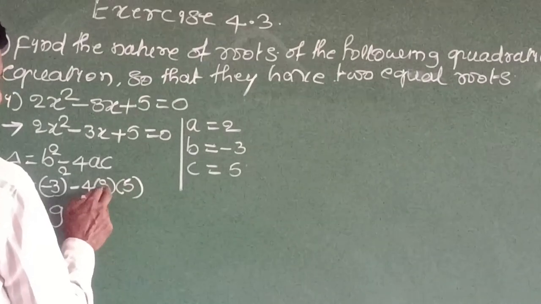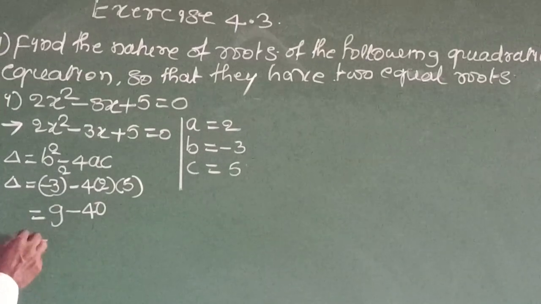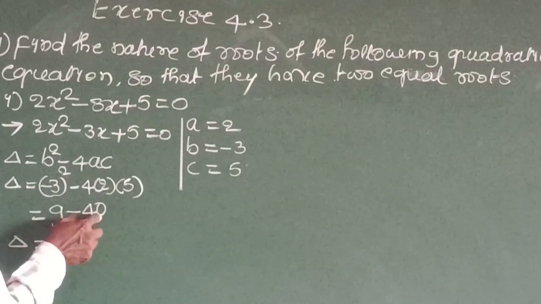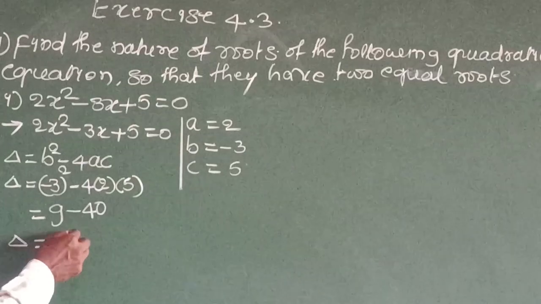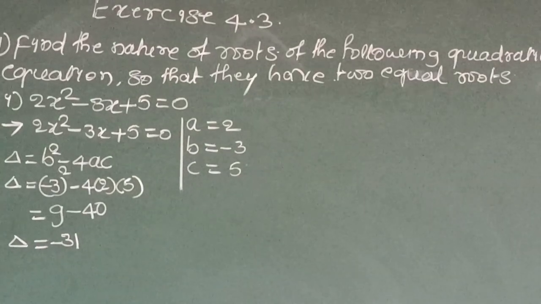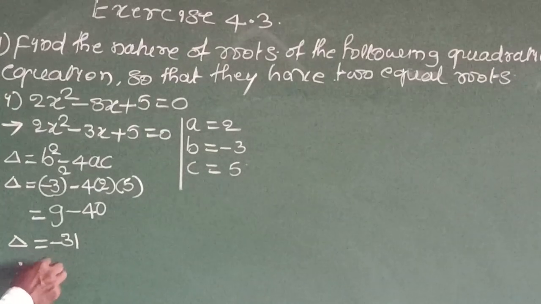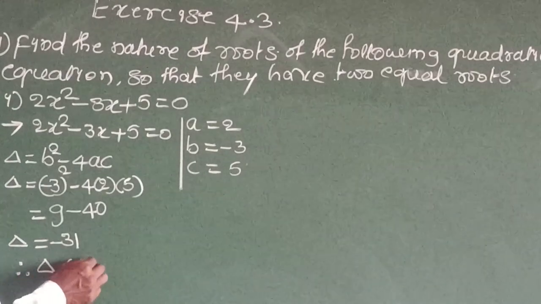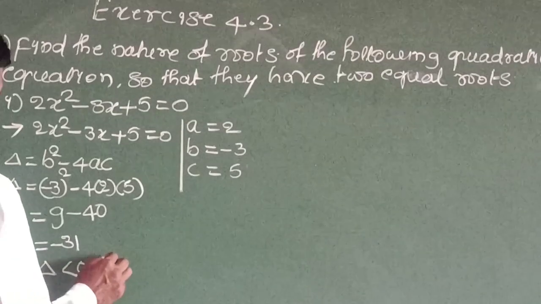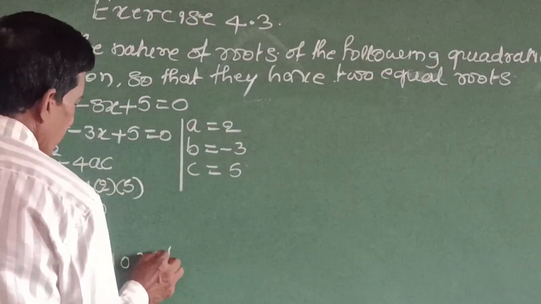So delta equals 9 minus 40, which is minus 31. Minus 31 means delta less than 0. Therefore the answer: no real roots.